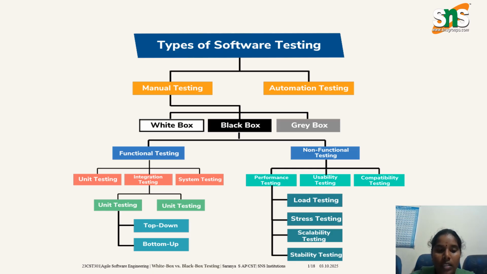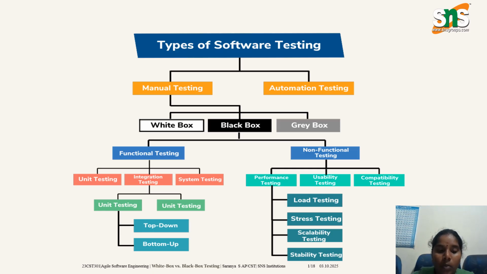White box testing is a software testing technique that involves testing the internal structure and working of the software application. It has access to the source code and uses this knowledge to design test cases that can verify the correctness of the software at the code level.